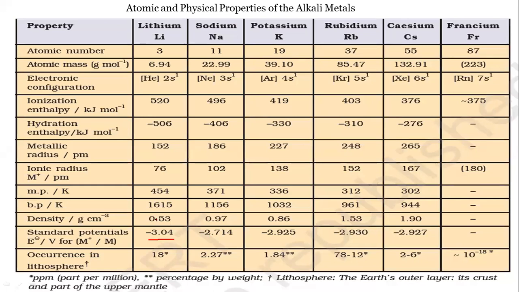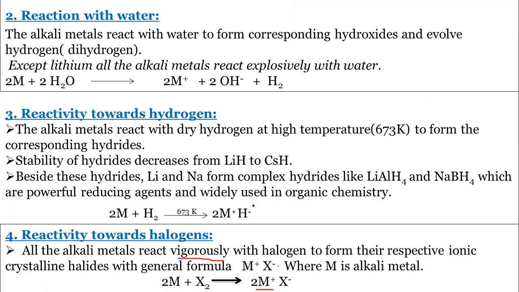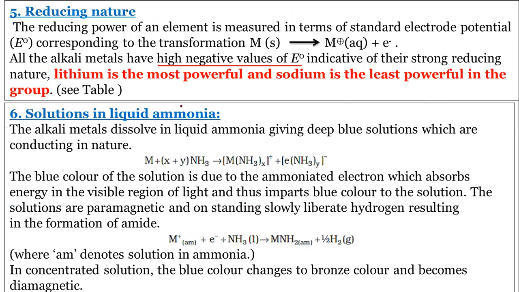See the value of lithium, sodium, potassium, rubidium, cesium; all these values are standard electrode potential values. So according to these values, lithium is the most powerful and sodium is the least powerful.